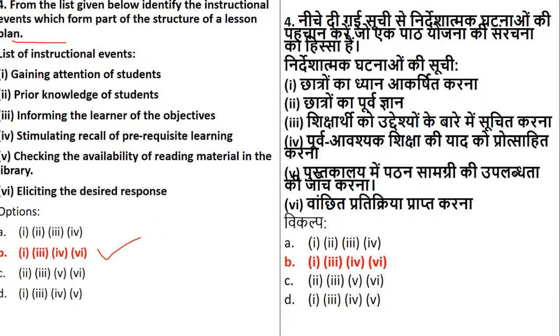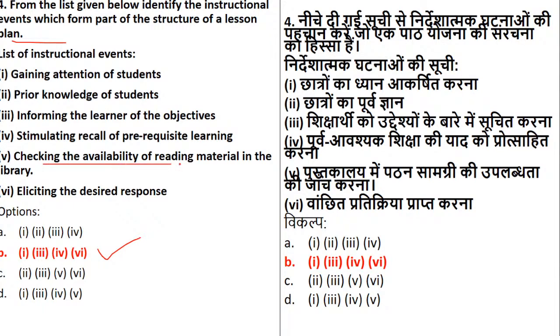Okay, read each option. Gaining the attention of students, yes, it is important. Prior knowledge of students, now you feel it is important. Let's assume that you feel it is important. Informing the learners of objectives, yes, definitely. Stimulating the recall of prerequisite learning, which is required, I mean to say things which are to be pre-known. You feel this is also right. Now see, checking the availability of reading material in the library.